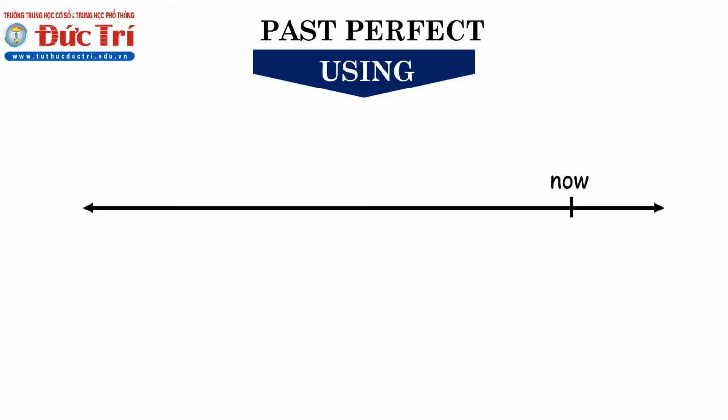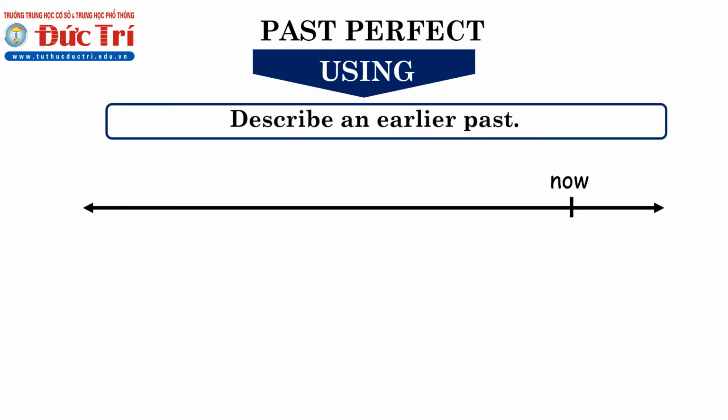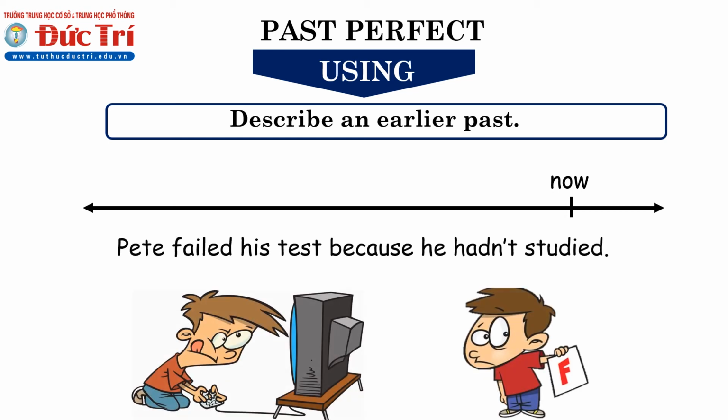When do we use the past perfect? The past perfect is used for an earlier past. It means a past of another past. For example, Pete failed his test because he hadn't studied. Can you find the simple past? Failed.